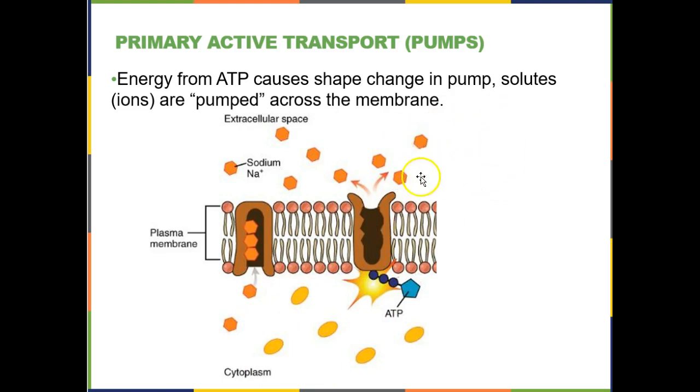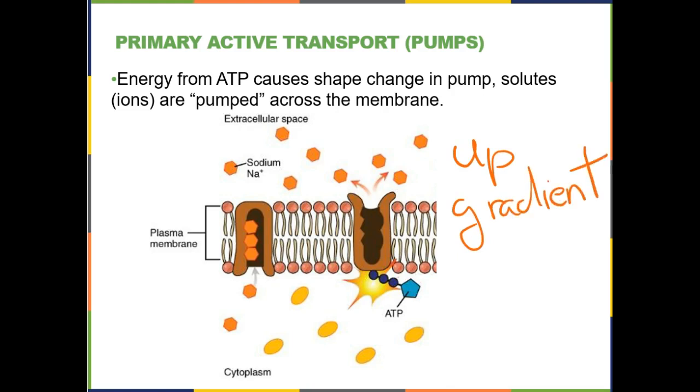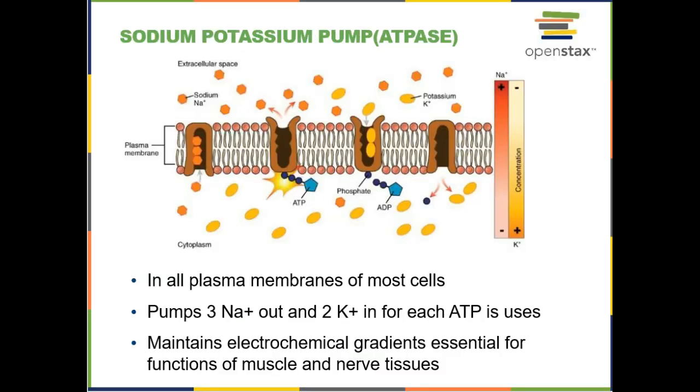And that really should be on the slide up there. So if you haven't written this down anywhere, you are going up or against the gradient. That is the whole point of the pump, is to move things against or up their concentration gradient.